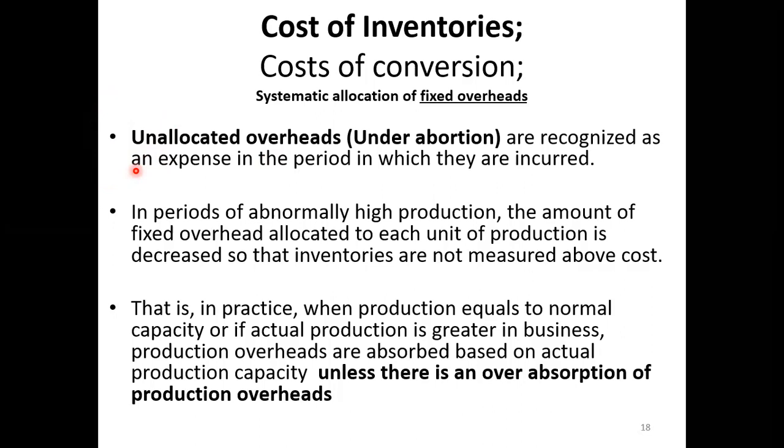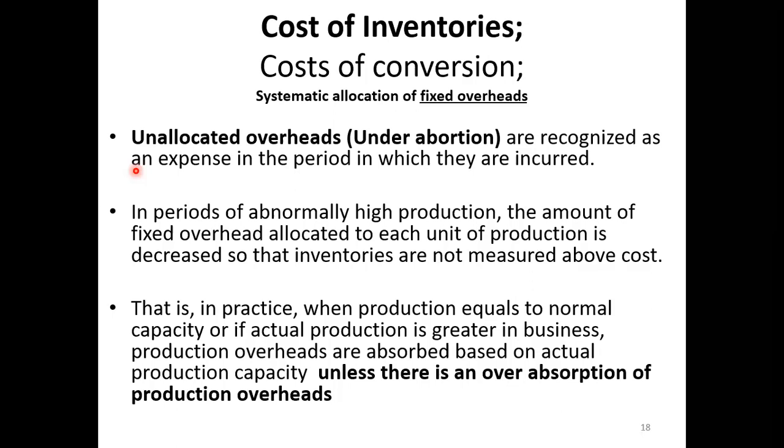Say for example, the cost of the photocopier is 10,000, and the expected normal capacity is 10,000 units. So absorption per unit is 1 rupee. However, the actual production is 5,000.